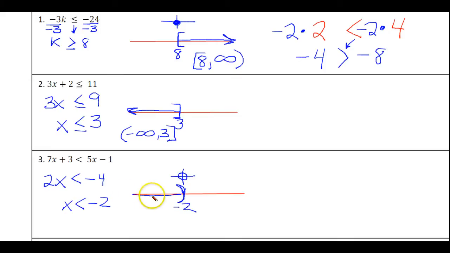Again, following the direction of our inequality sign. And in interval notation, this would be from negative infinity up to negative 2. And we use a parenthesis here, again, to indicate that the negative 2 is not included in the set.